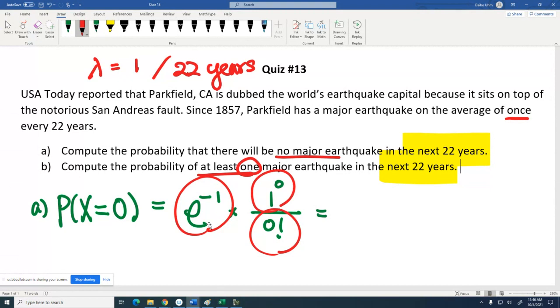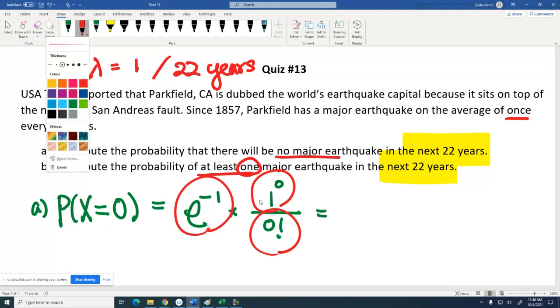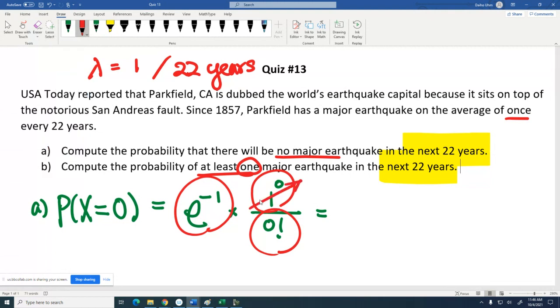Did I give you? Anybody else? I didn't give you back, please. Everybody got yours? I can say the 0 power will be 1, and already we knew the 0 factorial is 1, right?